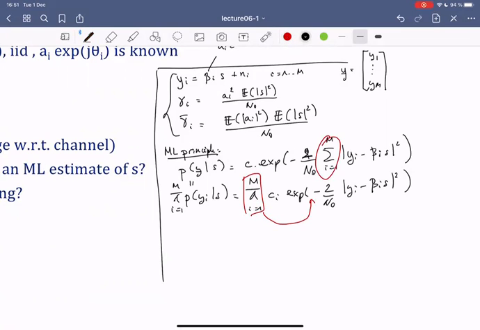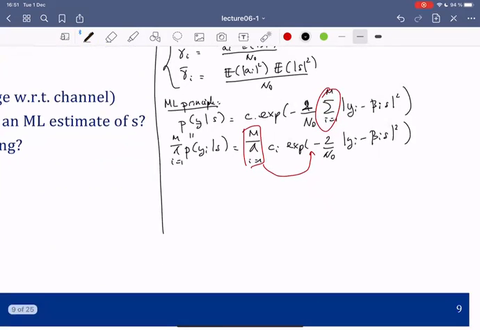Then I know that s hat for our specific vector y is equal to arg max over all possible s's. So I find the s that maximizes p of y given s. I know that I can also write this as arg max over s of log p of y given s, because the logarithm is a monotonically increasing function.